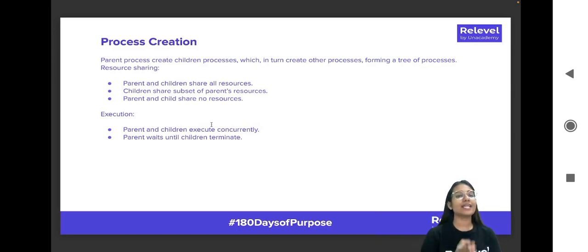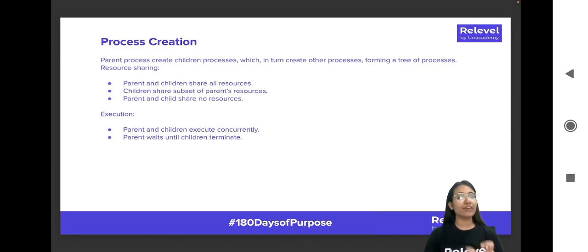That is why parent processes create children processes, which in turn can create other processes, forming a tree structure of processes. So you start with one process, it can create three processes, and those three processes can also create sub processes of their own. Hence, it creates a tree-like structure.